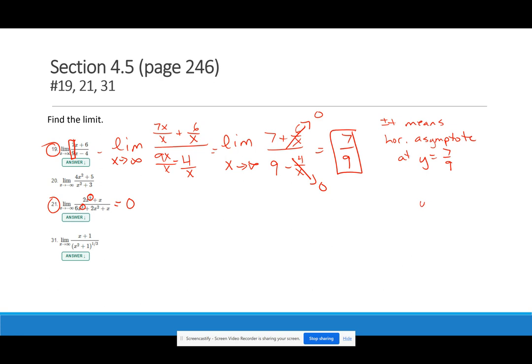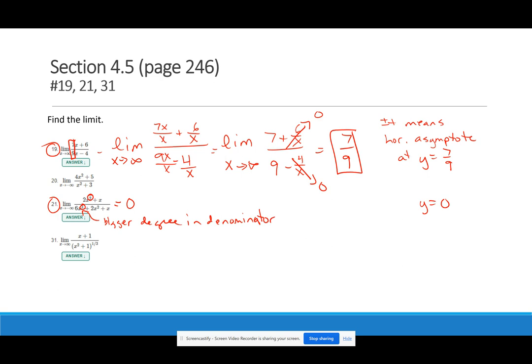So that would mean you'd have a horizontal asymptote at y equals 0. Your answer to this is 0 because the degree on the bottom is bigger. Anytime you have a bigger degree in the denominator, you're going to have a horizontal asymptote at y equals 0.